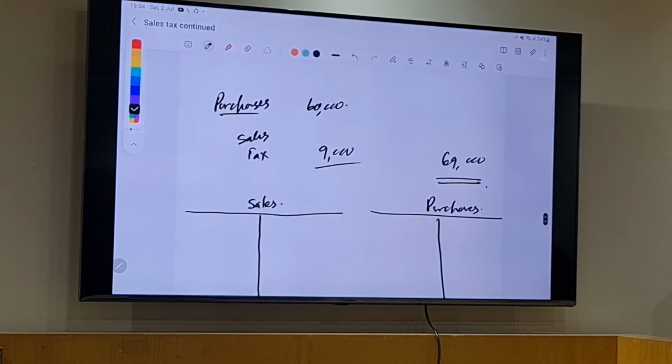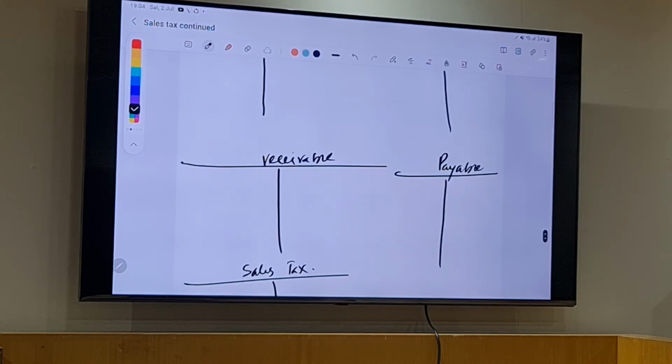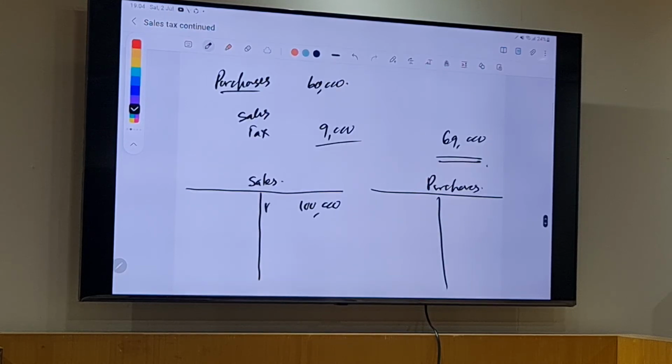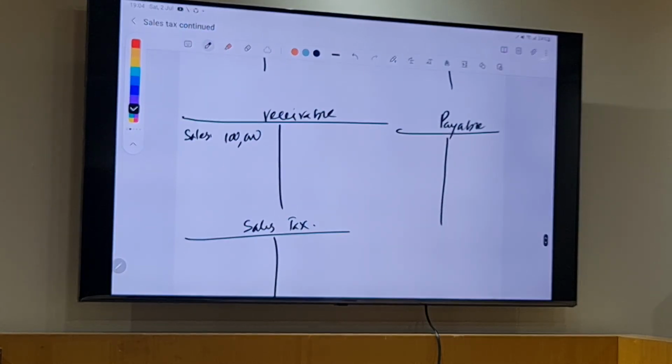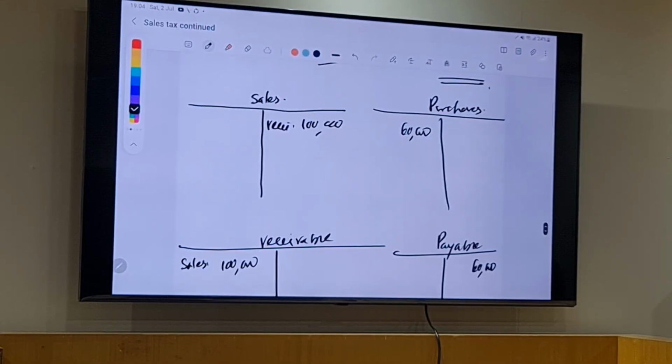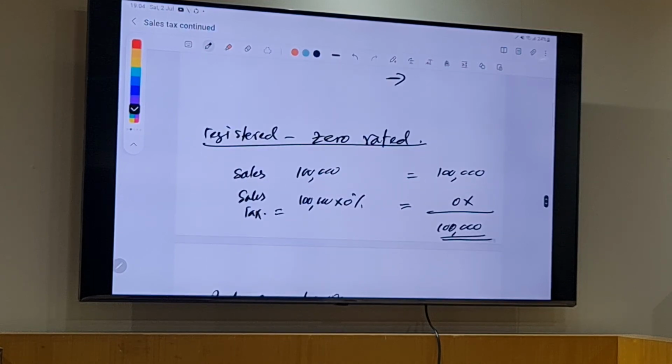So my sales 100,000, receivable 100,000. Here you write narration sales, here you write narration receivable. My purchases 60,000, my payable 60. For my sales, I don't have any sales tax, so I don't need any entry. For this, we don't need any entry.